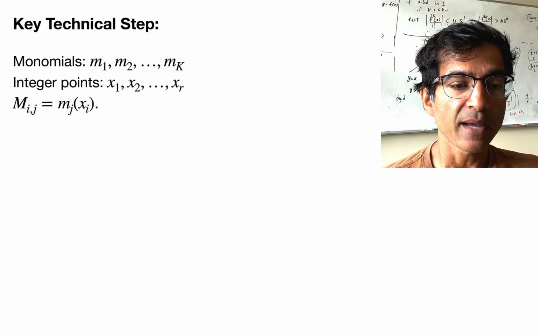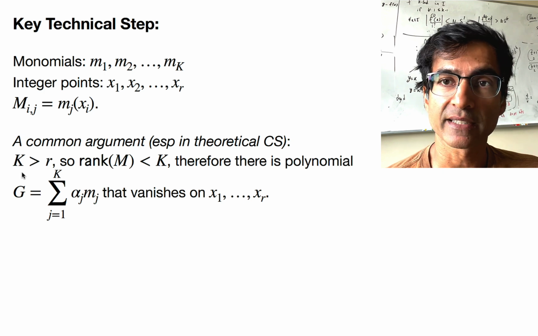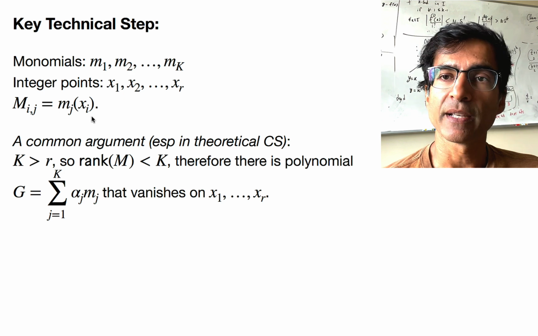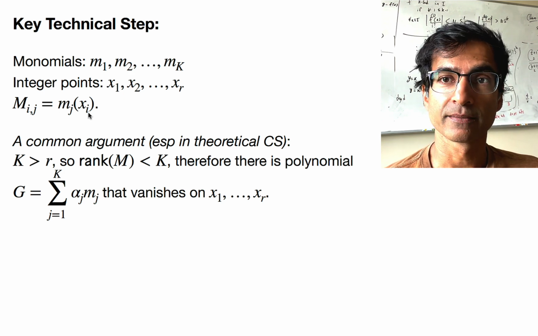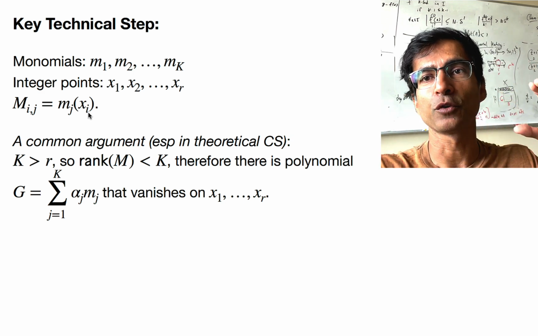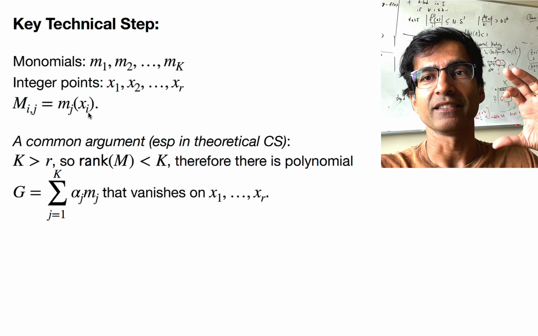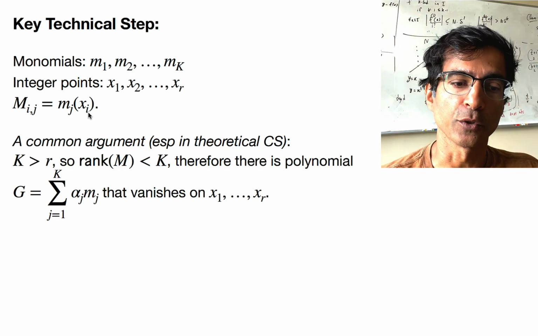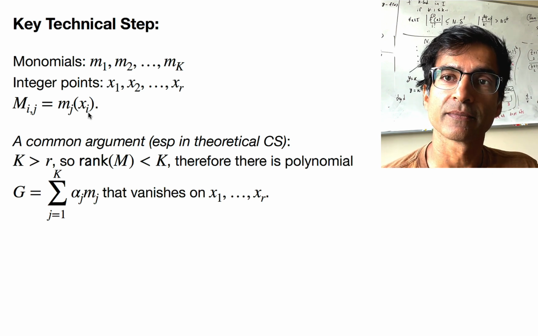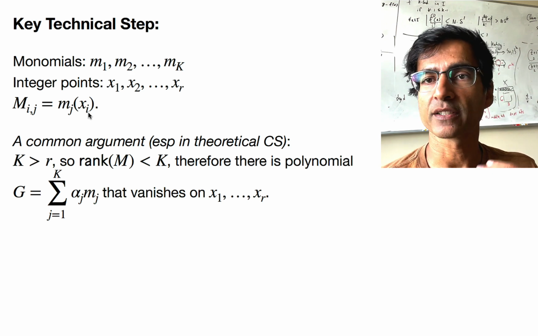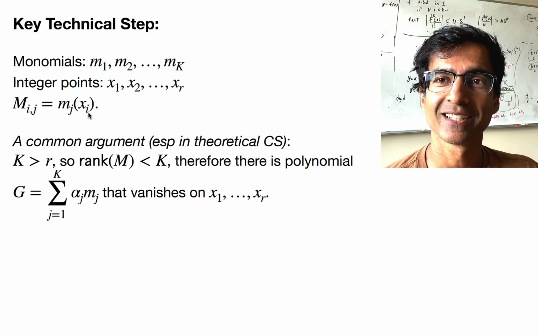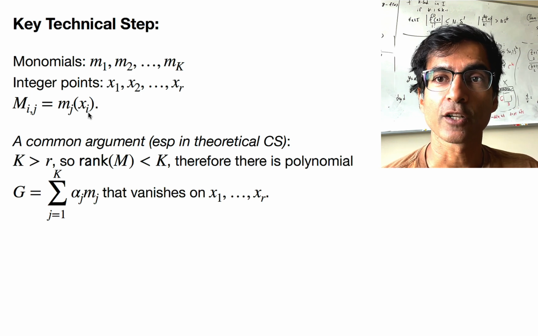Then, if the parameters are set up so that the number of monomials exceeds the number of points, you know that the rank of this matrix must be less than the number of monomials, because the rank of a matrix is bounded by the number of columns and the number of rows. And therefore, there's some linear combination of the monomials that vanishes on all of the points. It's just a very simple argument. So this is a very commonly used argument.